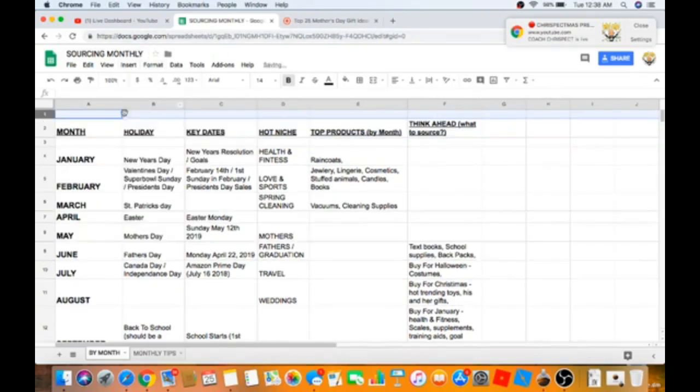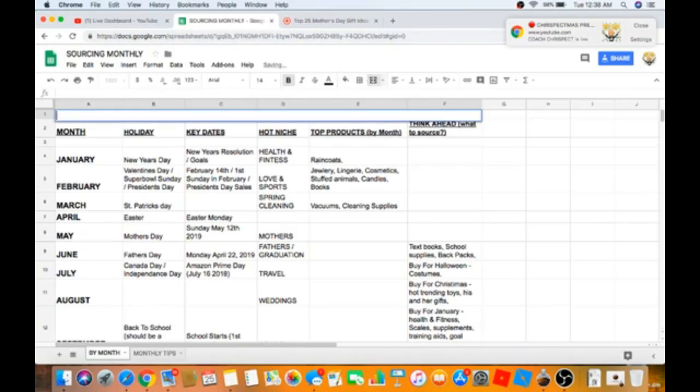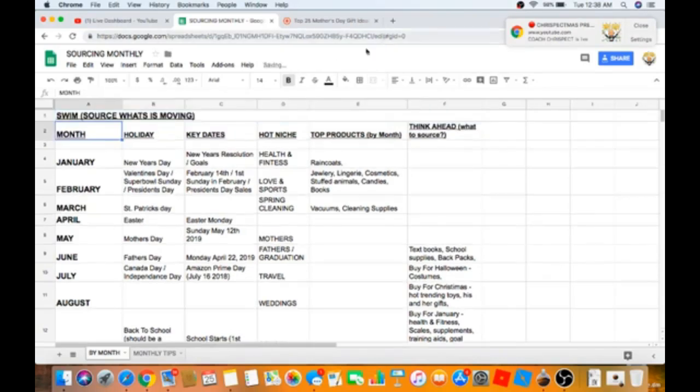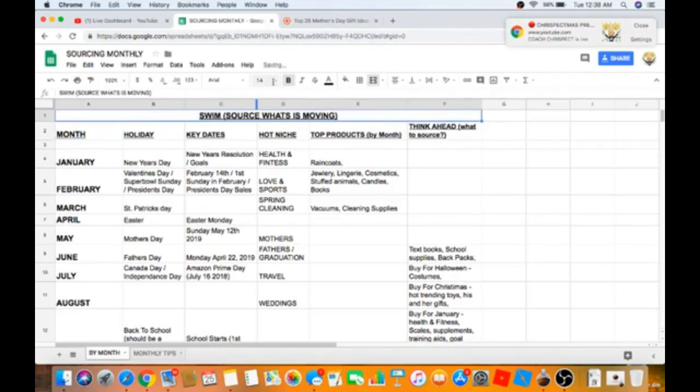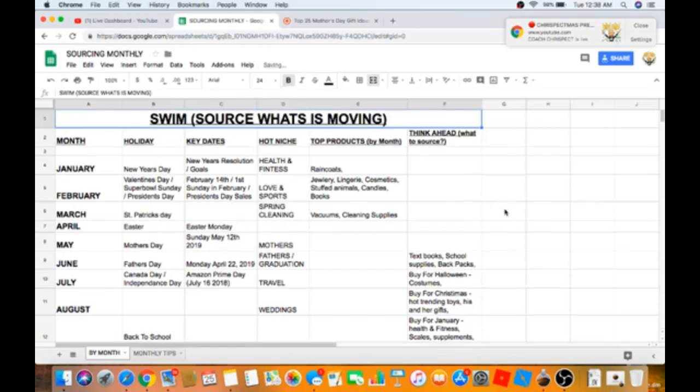Insert row above. I'm going to call this bad boy SWIM. Sell or source what's moving. What is moving? SWIM. Okay. Source what is moving. So that's what this is going to be called. We'll font that up there. Ta-da!